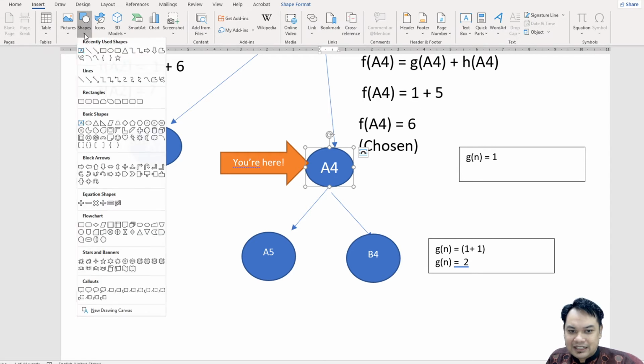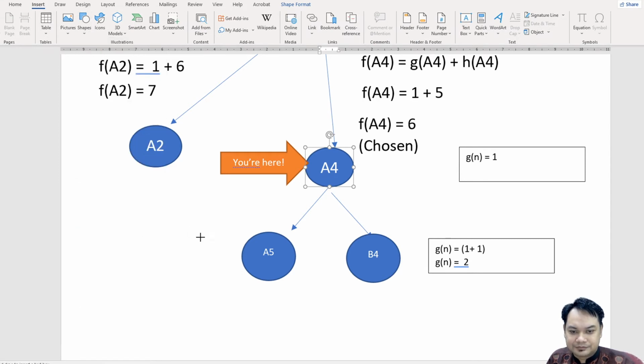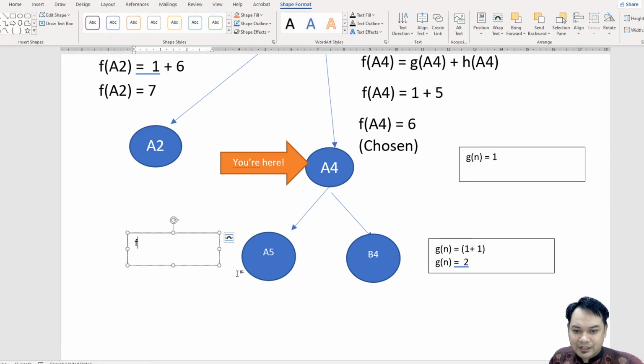So, kita cuba calculate untuk A5. So, for A5, we have FA5 equals GA5 plus HA5.